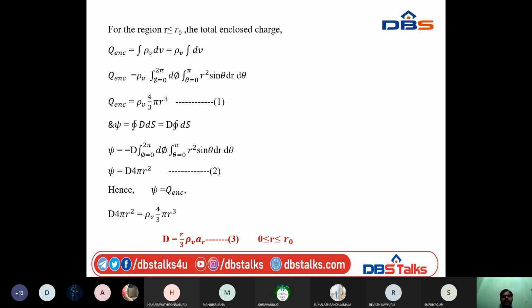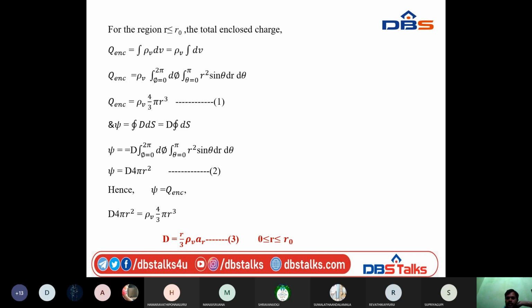Let me consider rho v a constant term and take it out of the integral. Now I want to know the value of dV here.